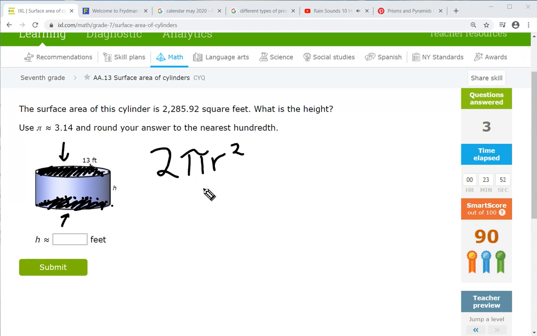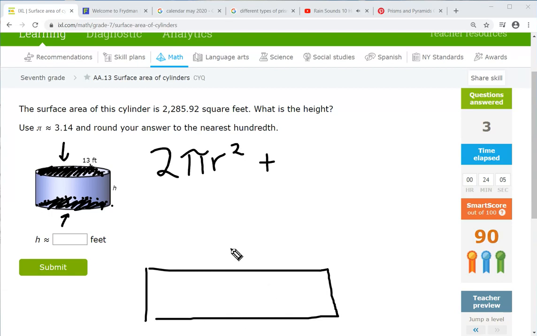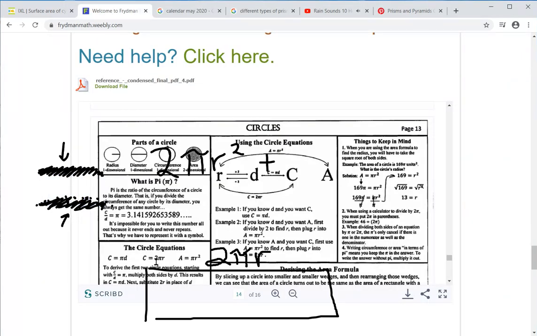Okay, but now I have to add the area of this part over here, which, remember, was a rectangle, and the length of the rectangle was equal to the circumference of the circle, which is 2 pi r. So this 2 is here because the circumference formula actually does have a 2 in front of it. And now we're interested in the circumference.